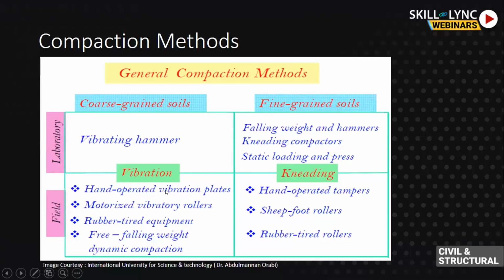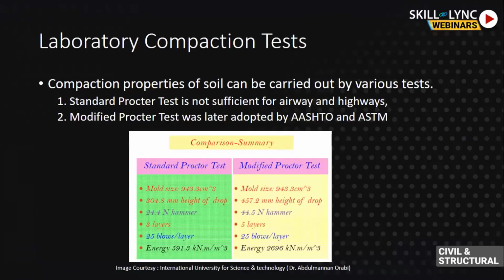In the field, hand operated vibration plates, motorized vibration rollers, rubber tired equipment, free falling weight, and dynamic compaction are used. In the case of kneading for fine grained soil, we use hand operated tampers, sheep foot rollers, and rubber tired rollers.